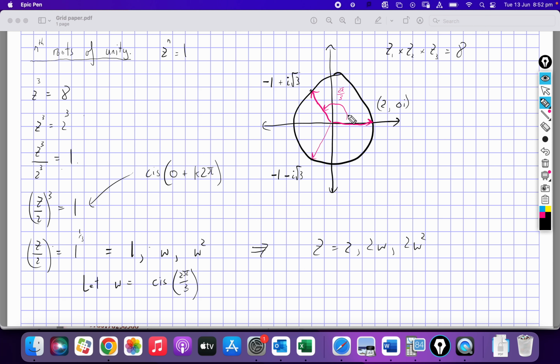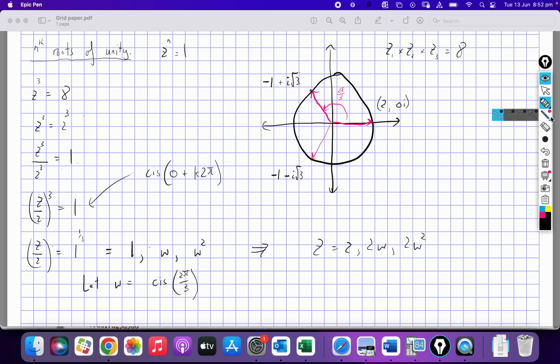You can see some of these results by thinking about rotations on the Argand plane as well. Here's an interesting one.